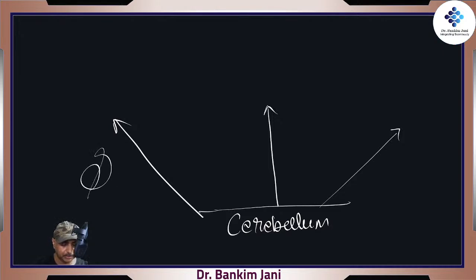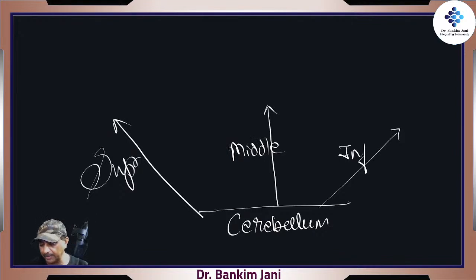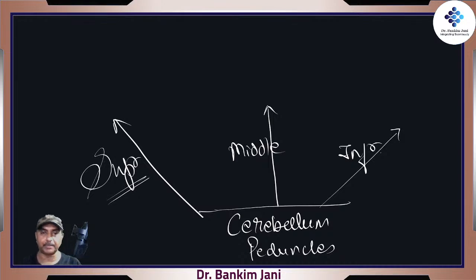This would be the superior, this one the middle, and this one the inferior cerebellar peduncle. I'm not writing it, but these are all cerebellar peduncles. So this is the superior cerebellar peduncle.